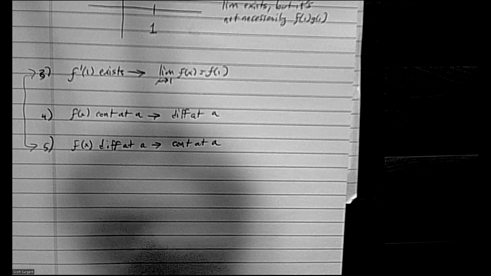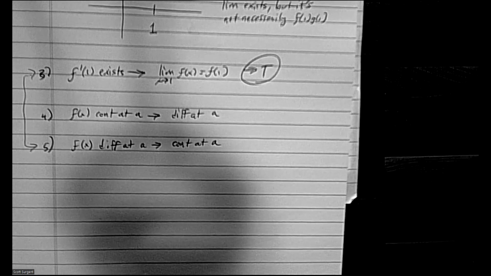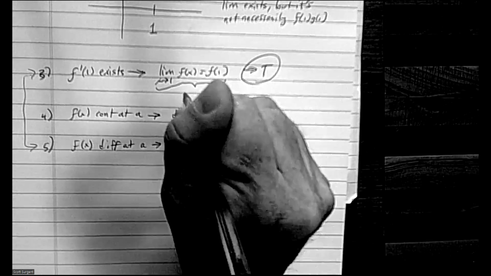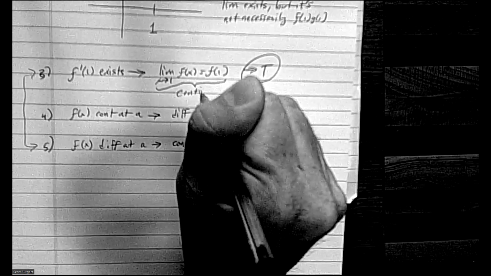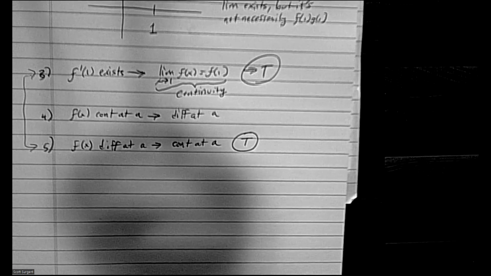And so, yes, this is true. The point has to be there. We can't have any discontinuities. So the limit must exist and it must equal the functional value. This is really just the definition of continuity in one line. So differentiability implies continuity. That is the same for part 5.